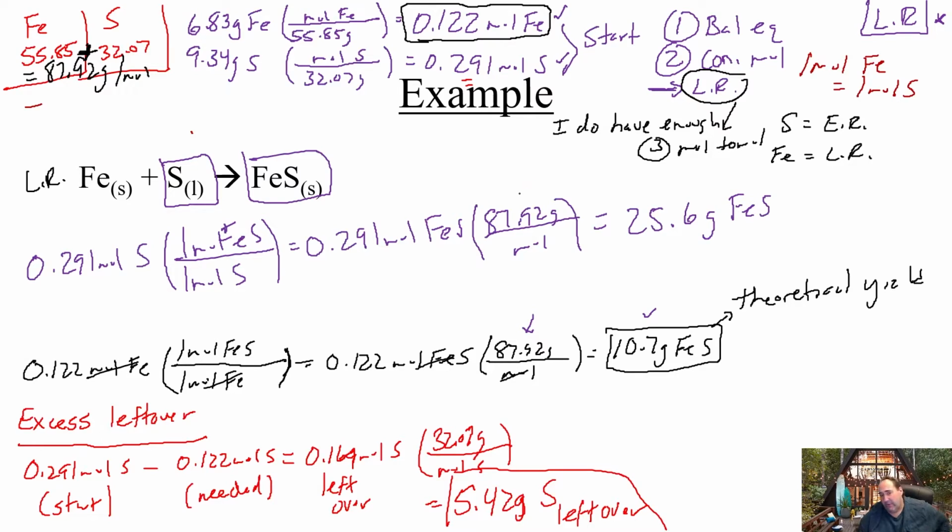So again, the other approach is 2 separate calculations, each starting with one reactant going to the product of interest. You would then compare how many grams each one would make. And as we can see here, the smallest number of grams made is our theoretical yield. And again, that would mean that this is our limiting reagent and this would be our excess reagent.